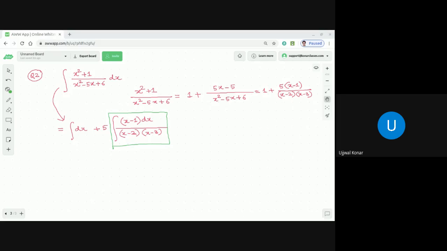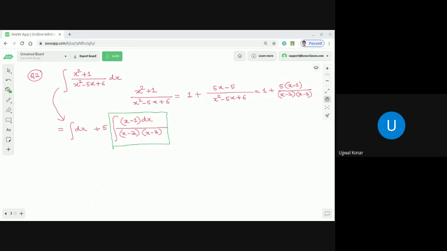What is the final answer? Could you please tell me the final answer? One second. So I'm getting 5 into ln (x minus 3) by ln x. No, that is not fine.